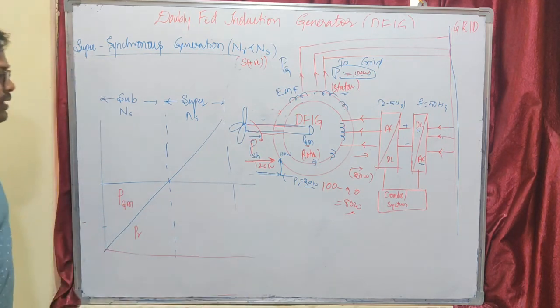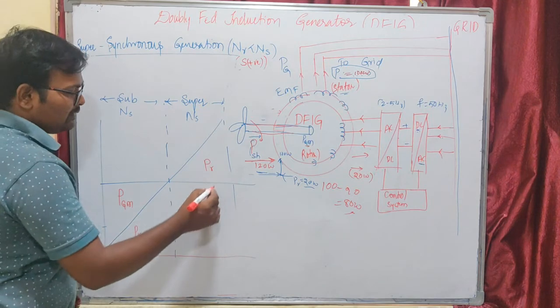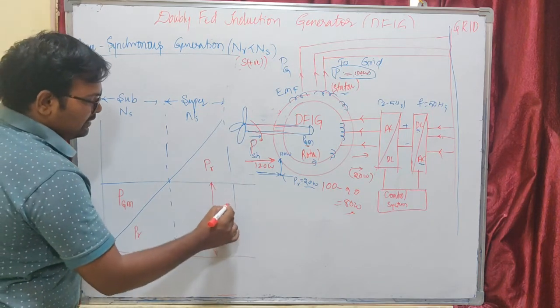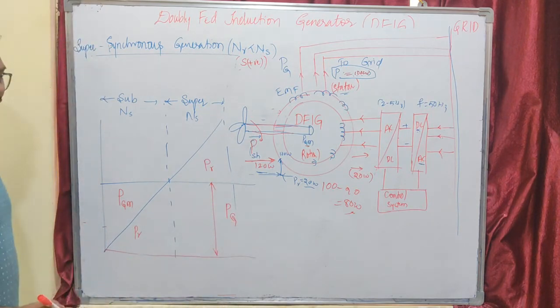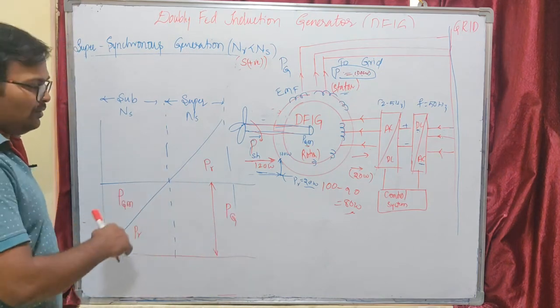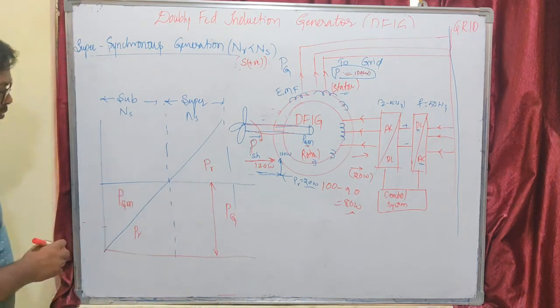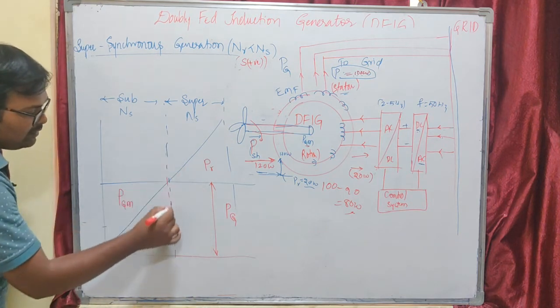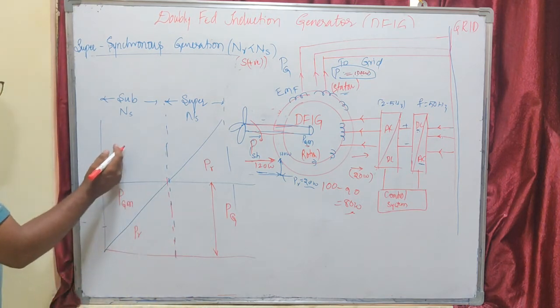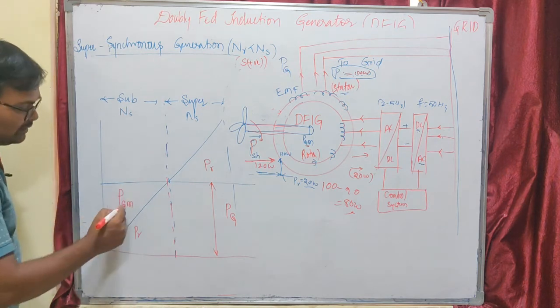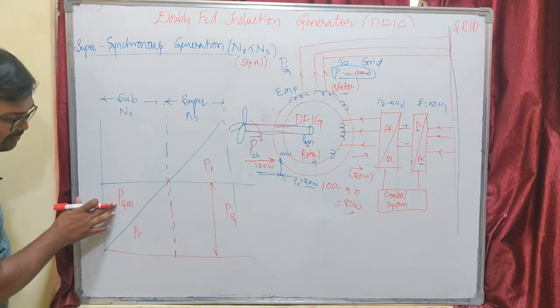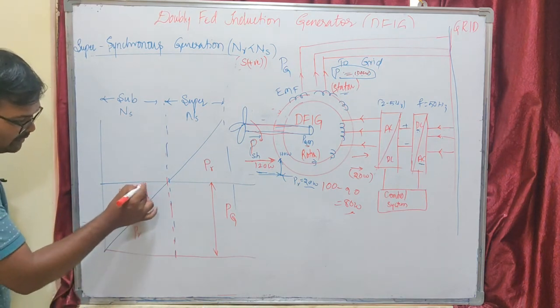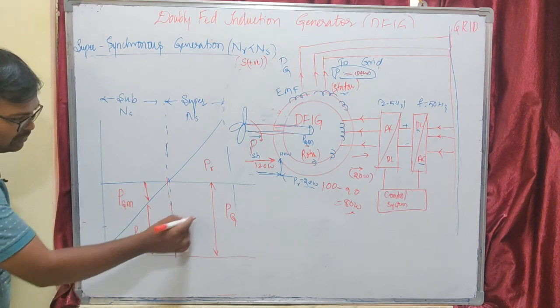PG, the generated power, is a fixed value, which is 100 in the example. In sub synchronous mode, PGM plus PR equals PG. This is the mode separation: below this point is sub synchronous mode, above this point is super synchronous. So in sub synchronous mode, the sum of PGM and PR will contribute our PG.